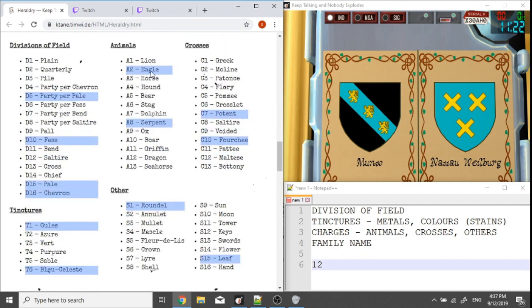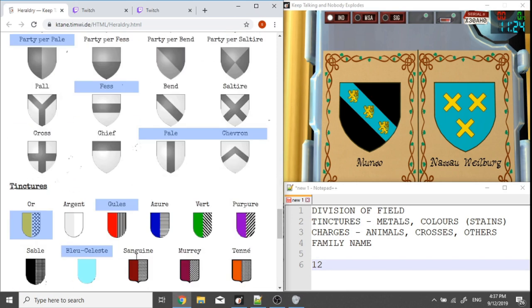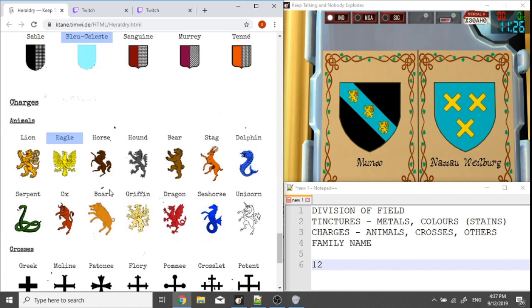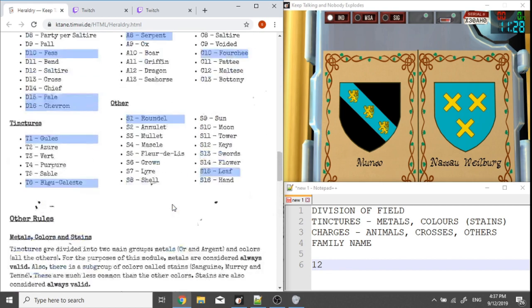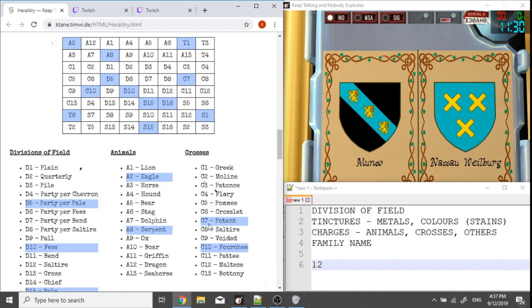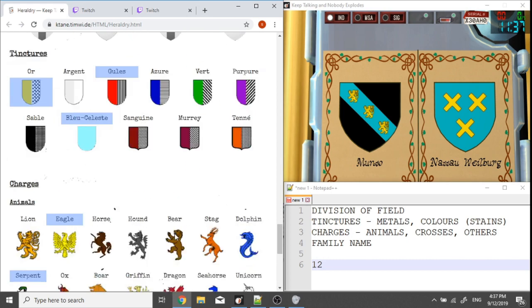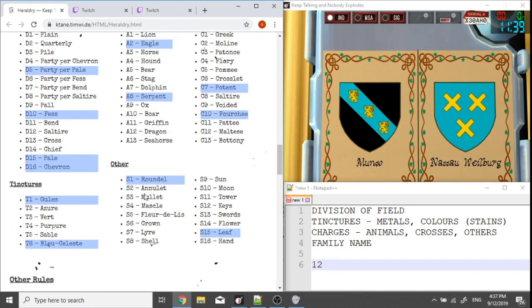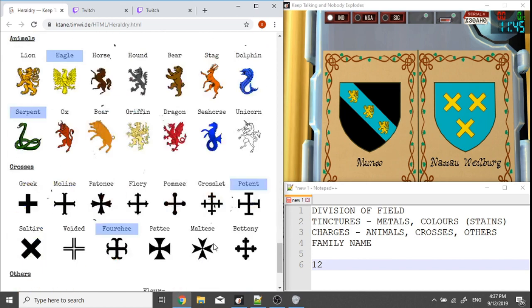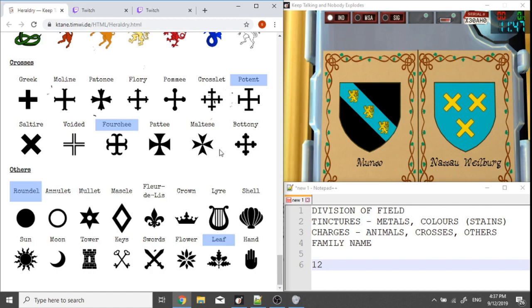Valid animals are eagle and serpent. Valid crosses are potent and fauché. Valid other charges are roundel and leaf.